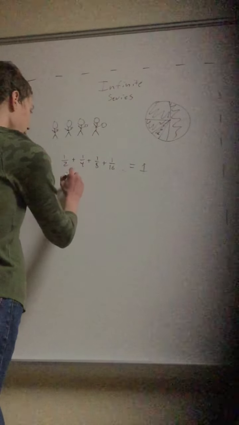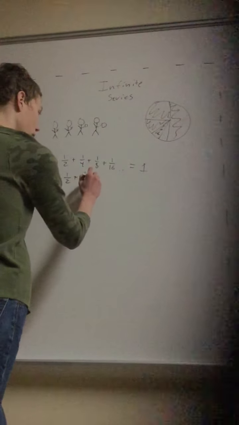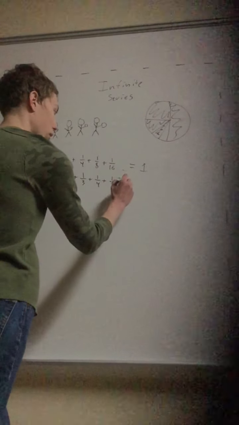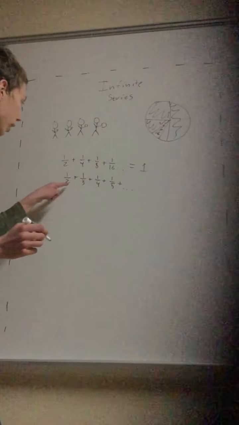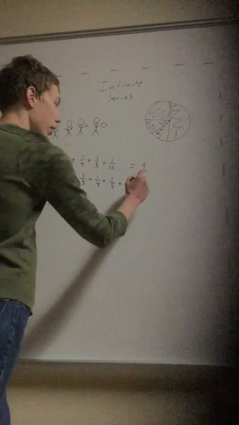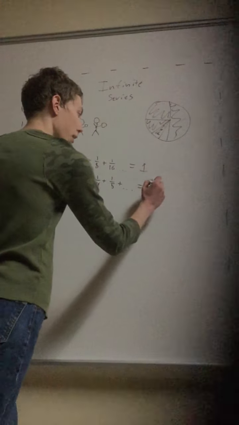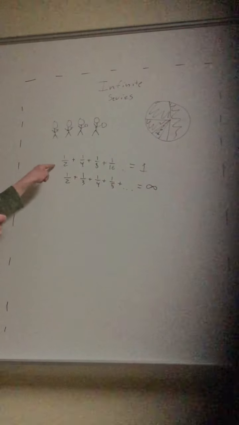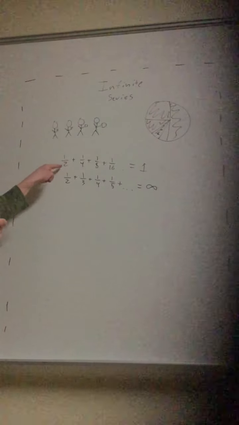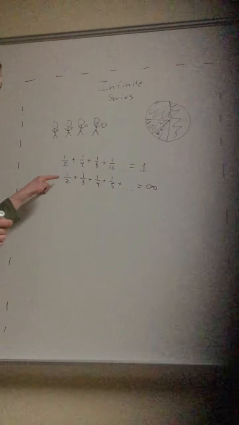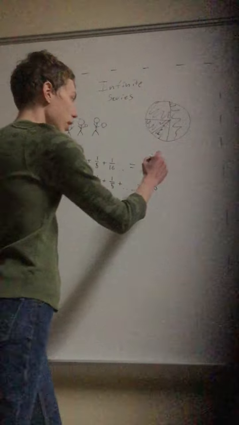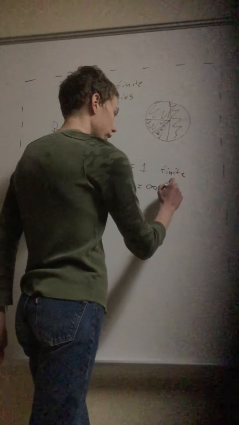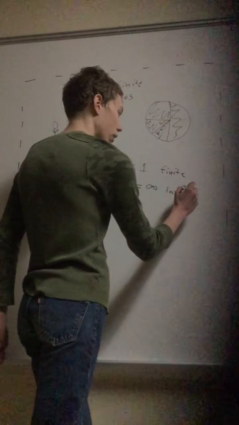Well, if you have this series, it turns out that even though these terms get smaller, this series is equal to infinity. So there's something fundamentally different about these two series. Even though this series gets smaller, and this series also gets smaller, this series has a finite sum, and this series has an infinite sum.